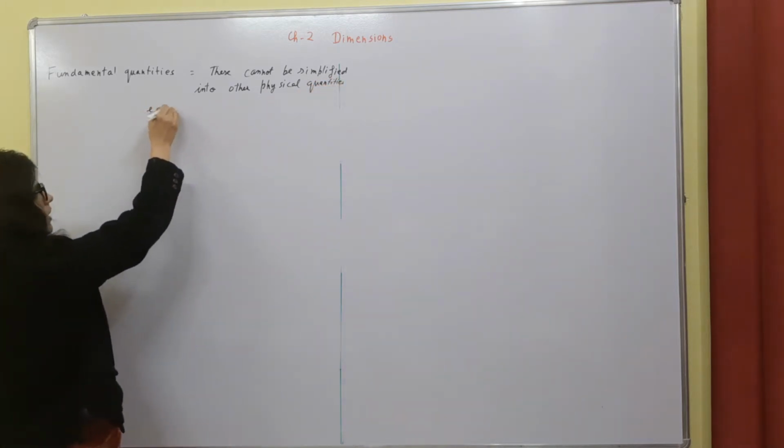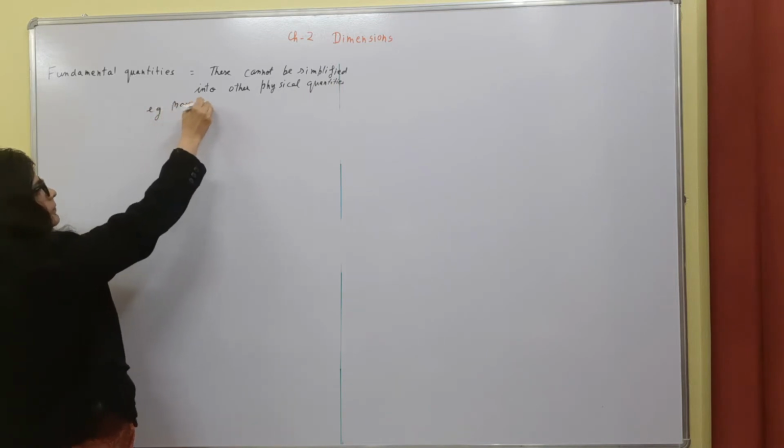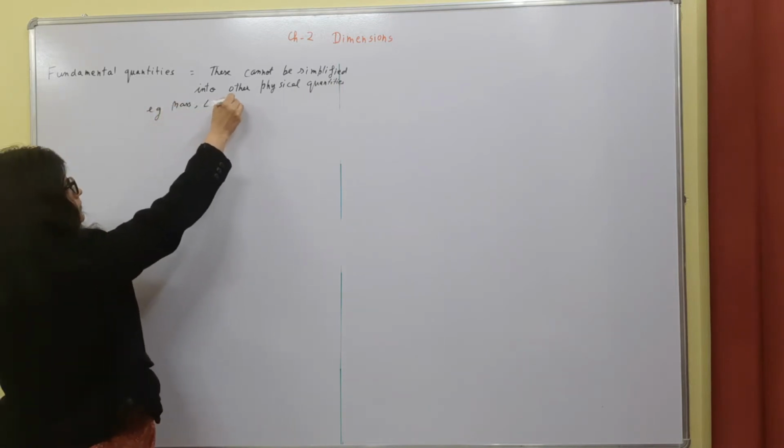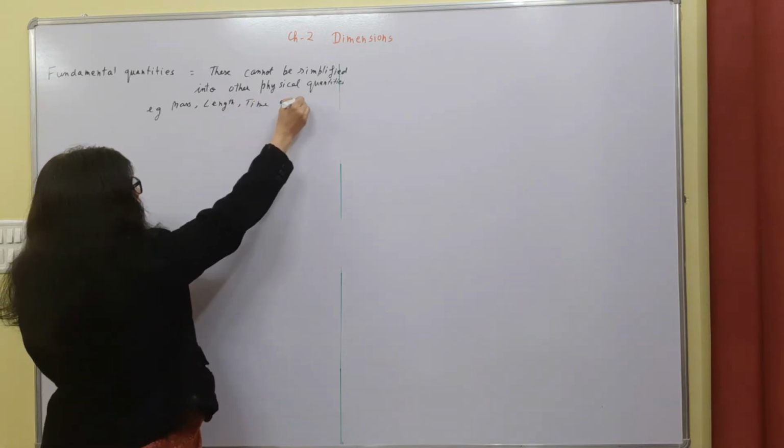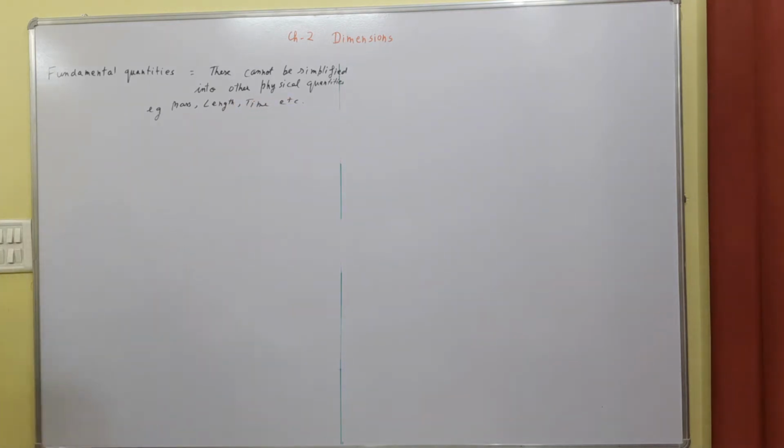For example, mass, length, time, etc. Then we have derived quantities.